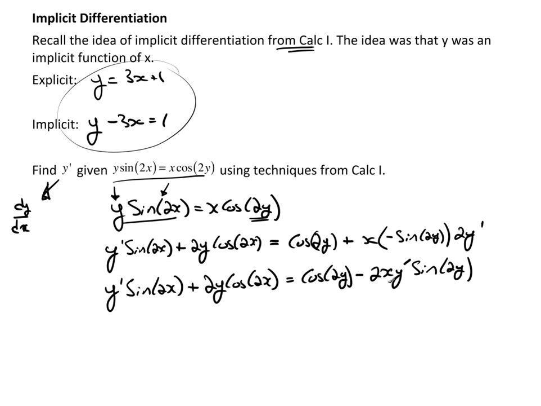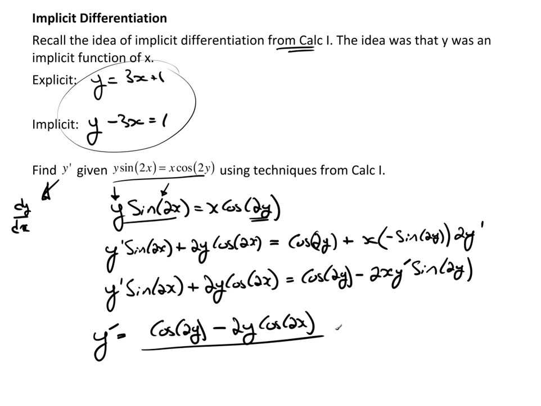Now I need to solve for y prime. And when I do, I'll move this over, factor it out, divide, and I'll get y prime is equal to, I'll have cosine of 2y minus 2y cosine 2x in the numerator. And then down here in the denominator, when I bring this over, it becomes a positive.